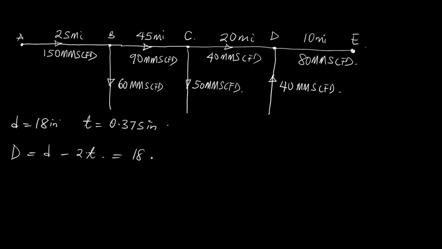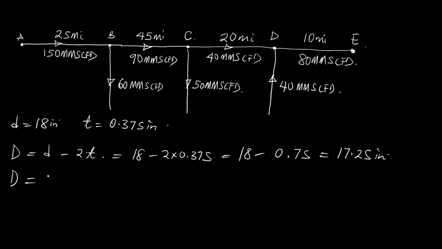So we have 18 minus 2 times 0.375, which is 18 minus 0.75. So d is equal to 17.25 inches.